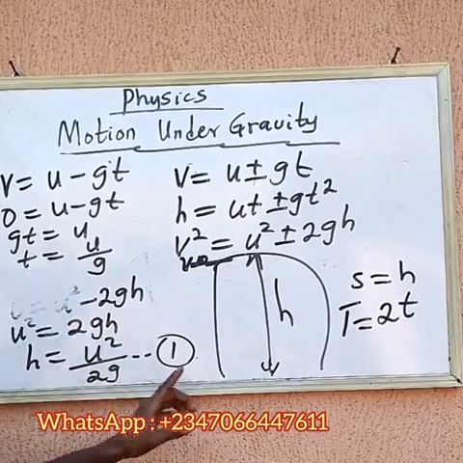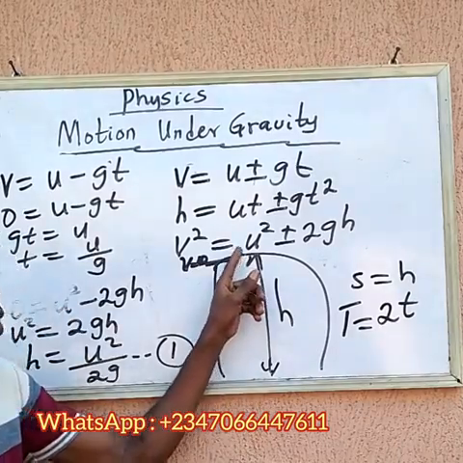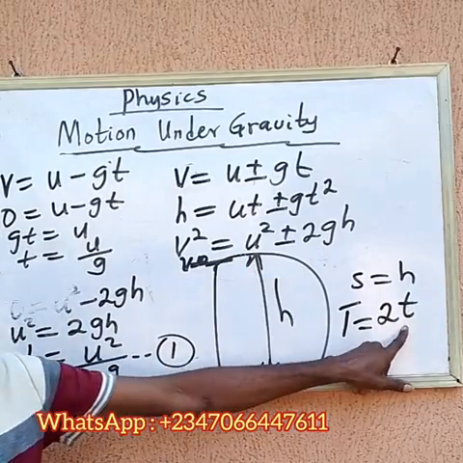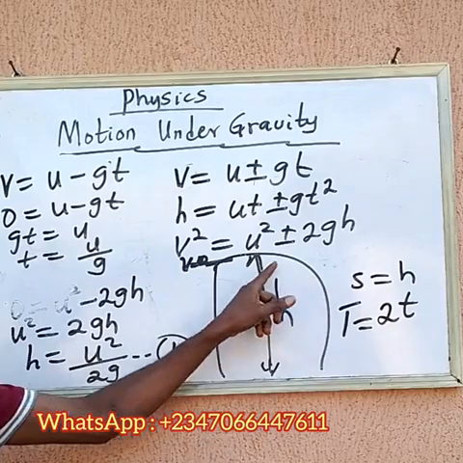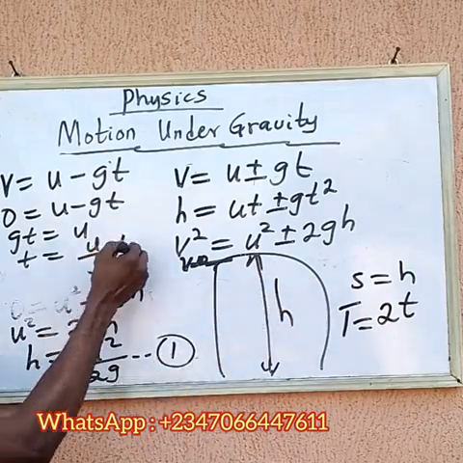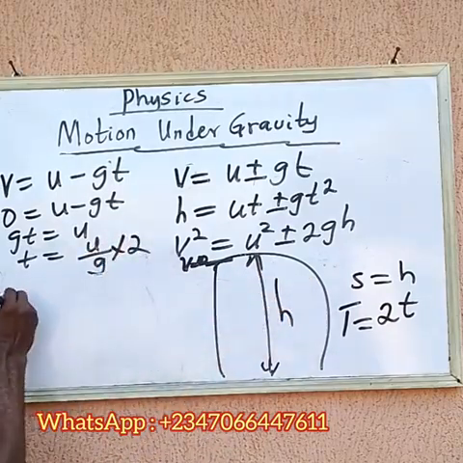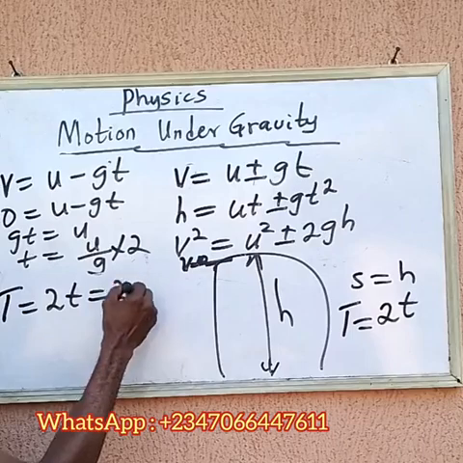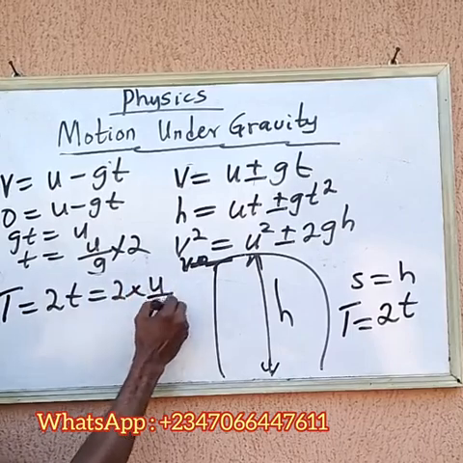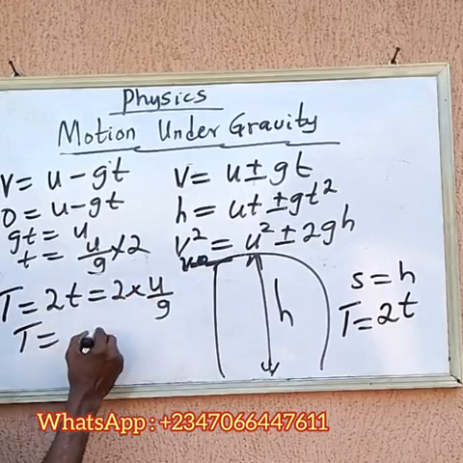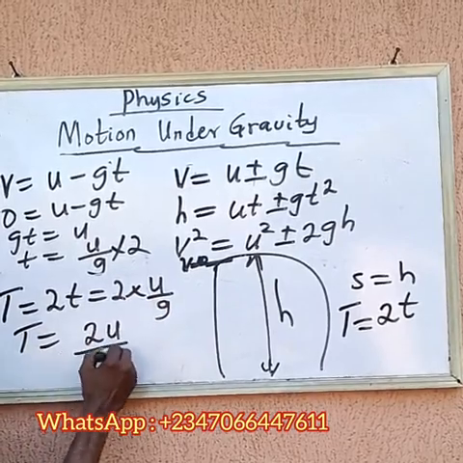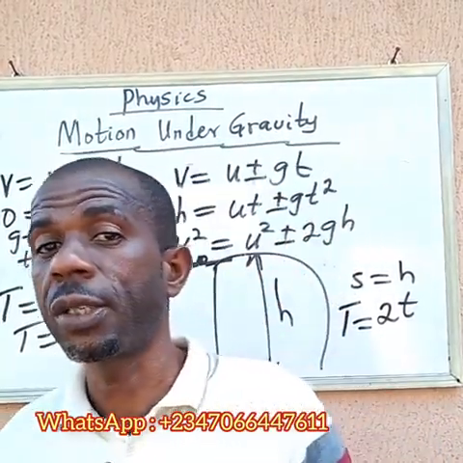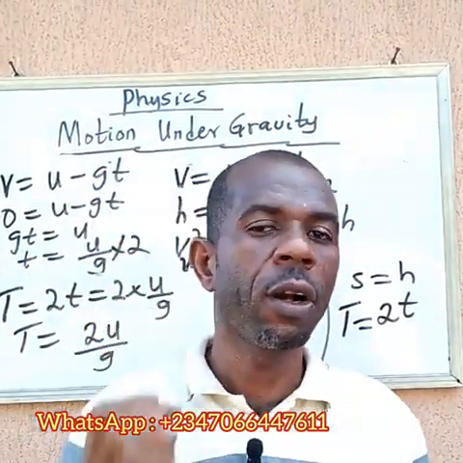This is the time it takes to get to the maximum height. Now, what is the time of flight? Time of flight is equal to 2 times the time to reach the maximum height. So we multiply this by 2. T equals 2t, which is 2 times u over g. So the time of flight is 2u over g. This is the time of flight for an object projected vertically upward.